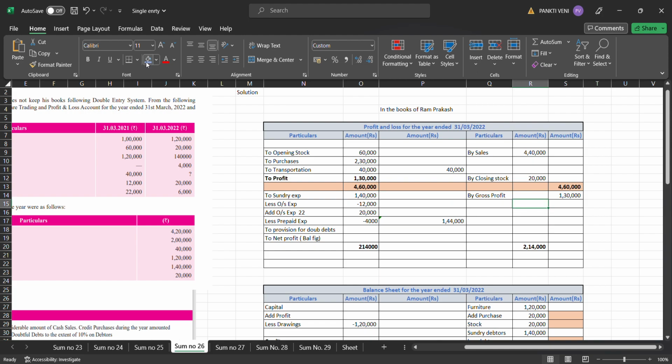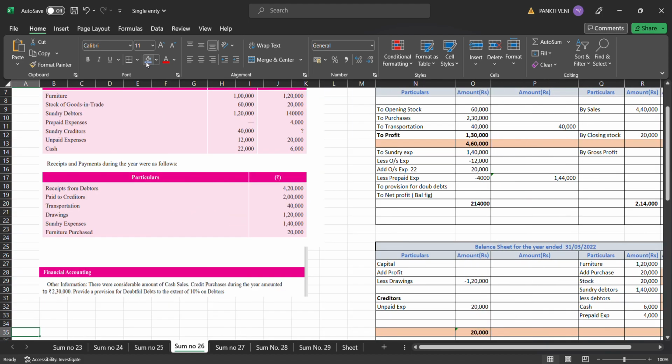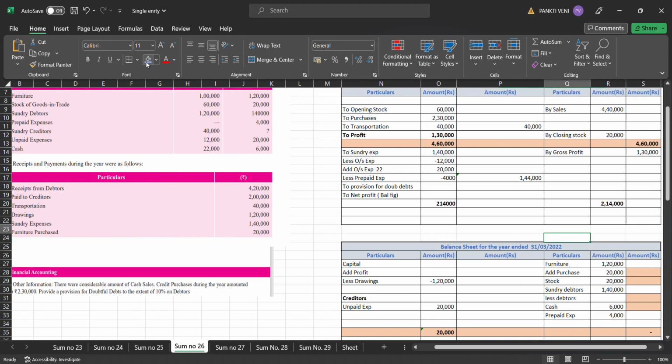So out of this 1,30,000, I will remove my 4,40,000. Okay, 1,30,000. I have done something wrong. I've missed out. There was a considerable amount of cash sales also.